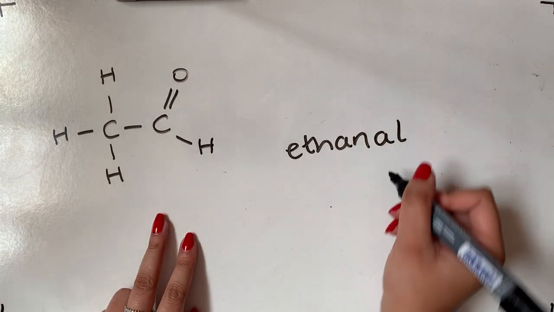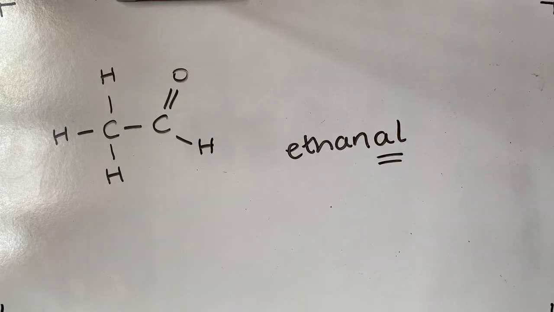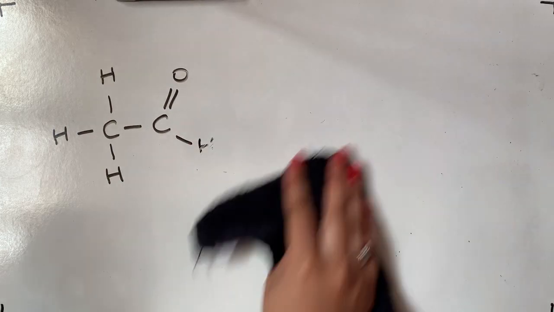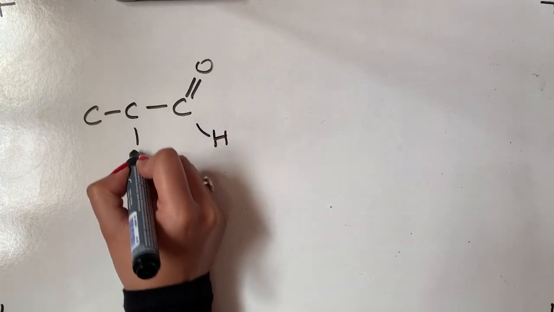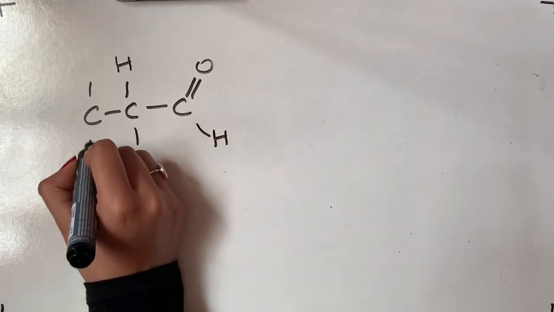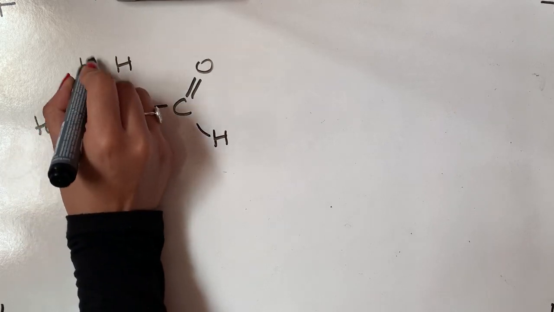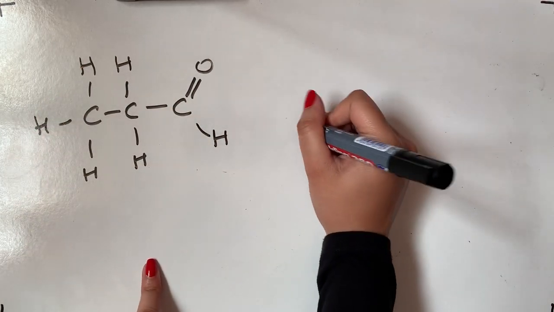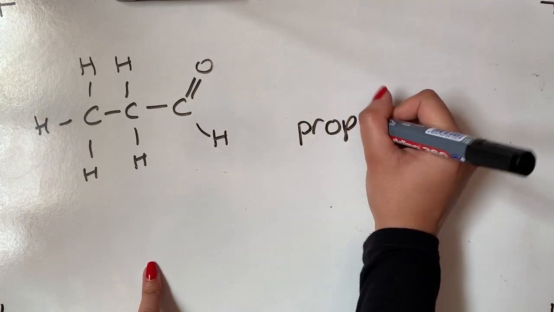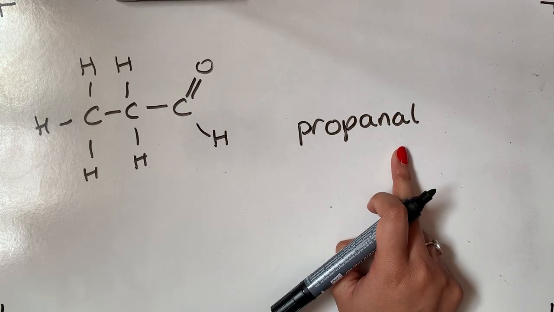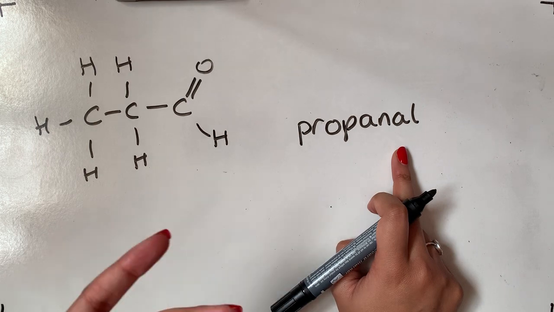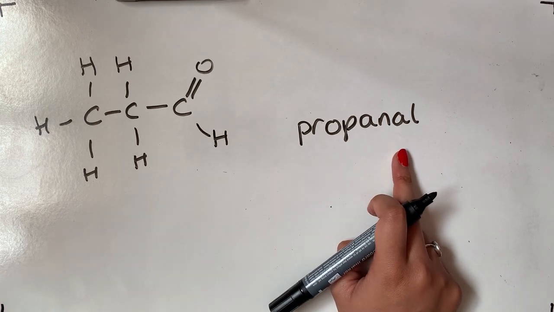So this one over here is just called ethanal. If we keep going, so it's like another carbon into that, you'll get the hang of this very quickly. So this one has 3 carbons, and therefore this one here is called propanal. Now you don't need a number to show where the aldehyde is, because it's always found at the beginning or the end of the chain. It's always found at carbon number 1.